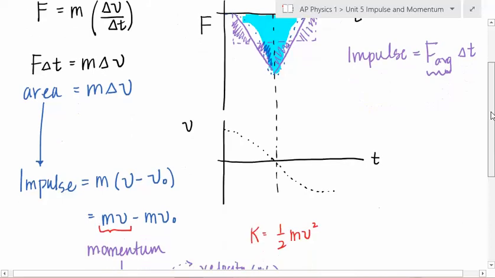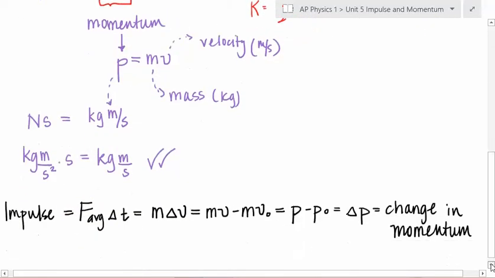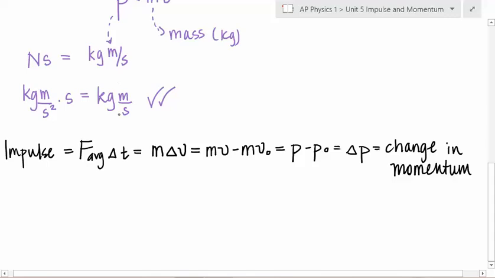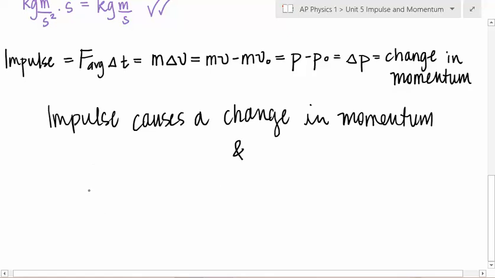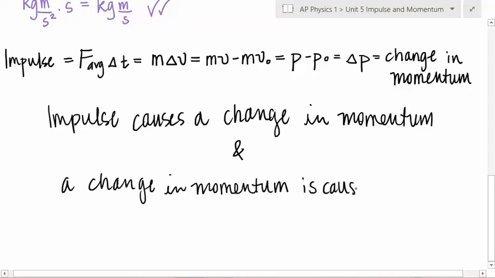Okay, so the big picture, the big idea is that impulse causes a change in momentum. And likewise, a change in momentum is caused by an impulse.